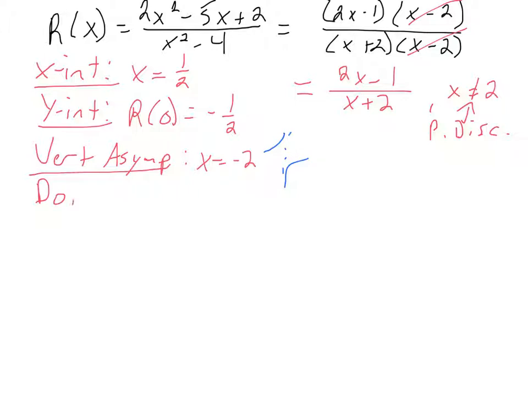Domain: it's all x such that x is not equal to negative 2 or positive 2. So this one, once again, is not a vertical asymptote, but it does take away from the domain.